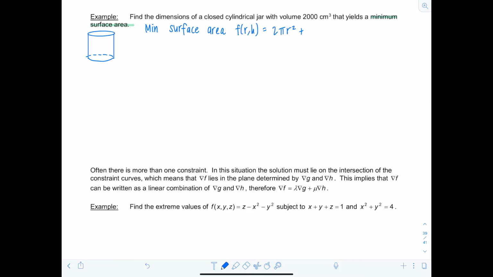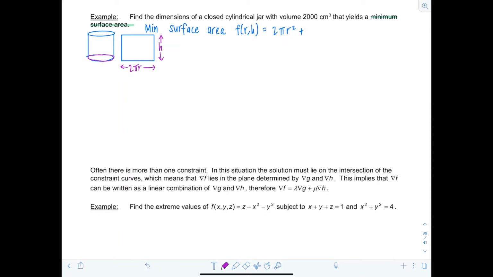And then if I unroll it, I have a rectangle here, right? Let's make it match. So this is going to be the height. This is the height. And I know that the length of the rectangle is 2 pi r because it comes from the circumference of that circle.